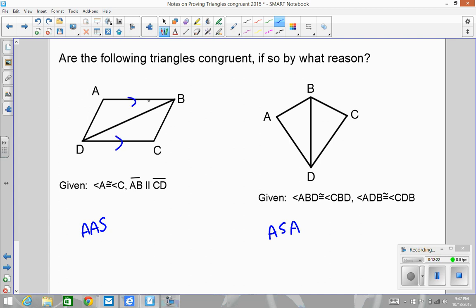Parallel lines, this angle are congruent. Angle A and angle C are congruent, and this is reflexive property. So that's two angles and a non-included side. That side's not created by this angle and this angle, so it's non-included. If we go over here, angle ADB is this one, angle CBD is this one, and then we got the reflexive side, so angle, side, angle.